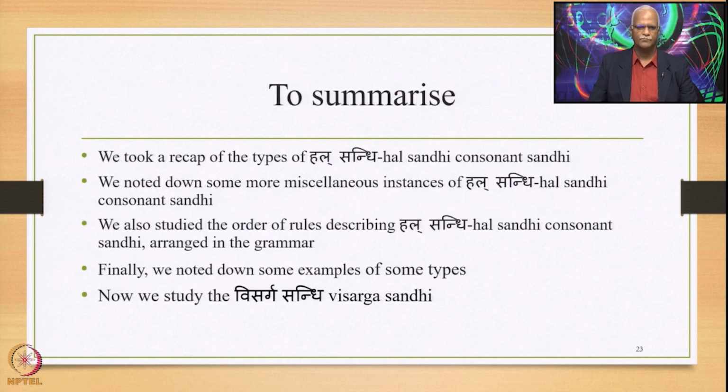To summarize, we took a recap of the types of Hal Sandhi, that is consonant Sandhi. We noted down some more miscellaneous instances of Hal Sandhi, and we also studied the order of rules describing Hal Sandhi, arranged in this particular grammar of Panini called Ashtadhyayi, and we noted that the output of the sutras describing Hal Sandhi does not become an input for any further operation.